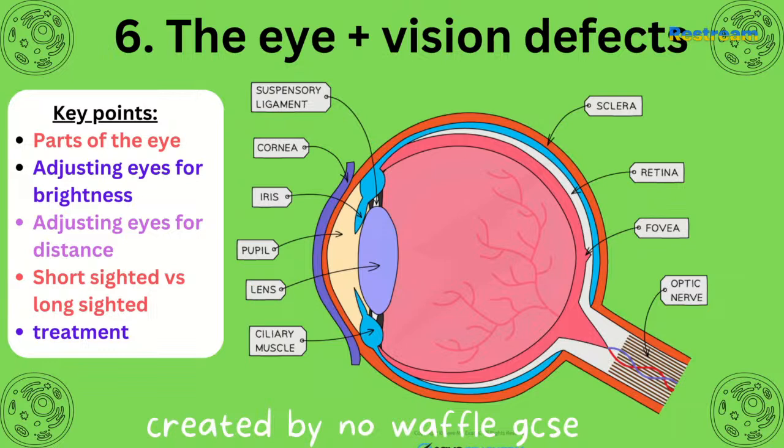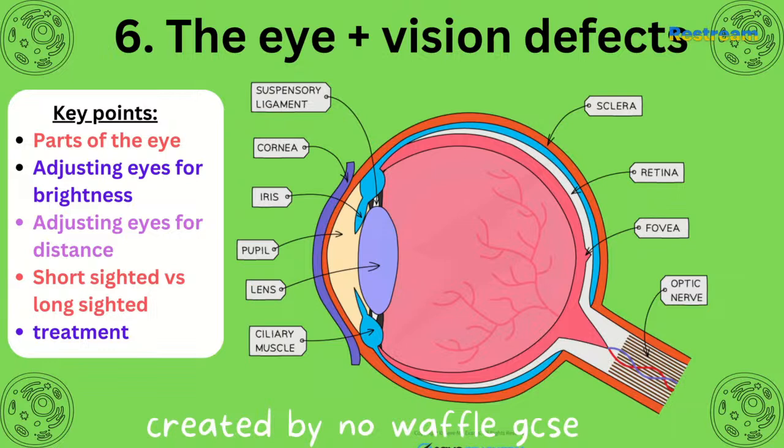So with hyperopia or long-sightedness, this occurs when the lens is the wrong shape. What happens is the light does not refract onto the retina, it actually focuses behind the retina. And remember, light has to focus on the retina for you to be able to see. So if it's focusing behind the retina, this means that you cannot see the image properly or with enough detail.